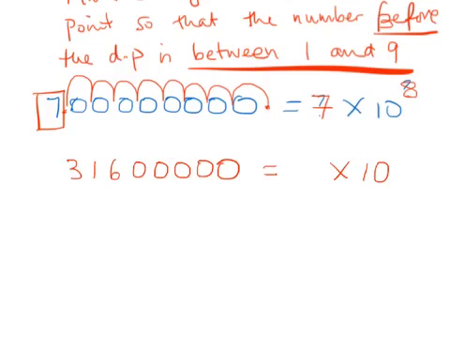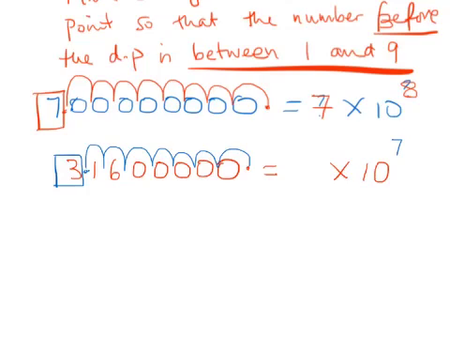What's the something going to be? Well, put your decimal point in at the end because there isn't one, and let's move it as many times as we need. 1, 2, 3, 4, 5, 6, 7, and we stop at 7 because the number before the decimal point would be a 3. So we've moved it 7 times.